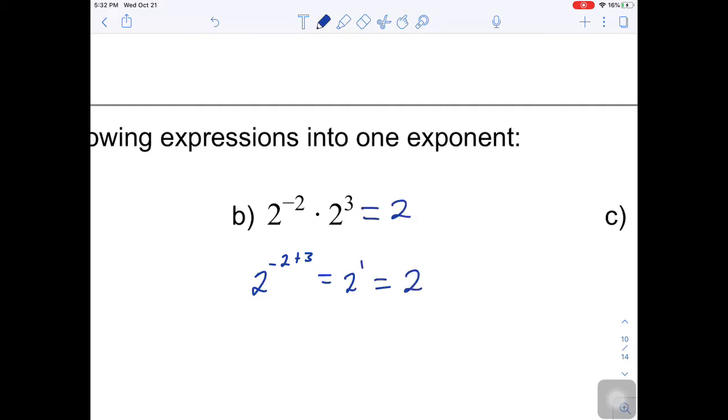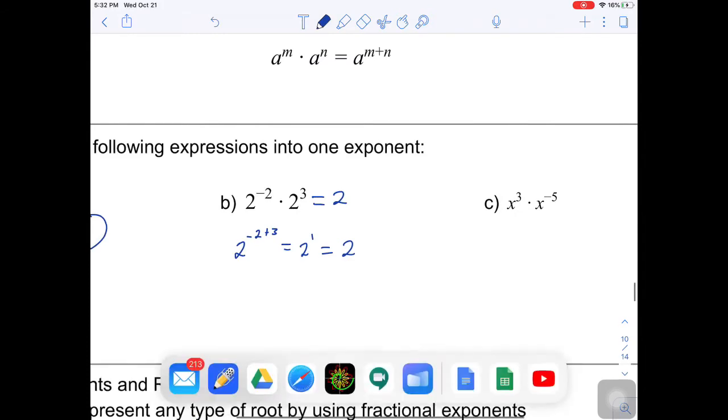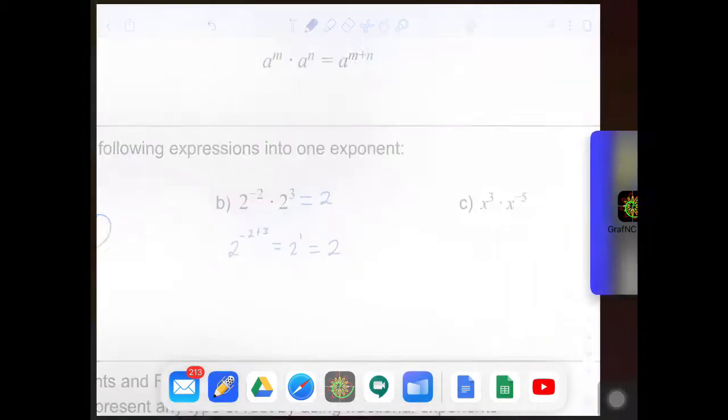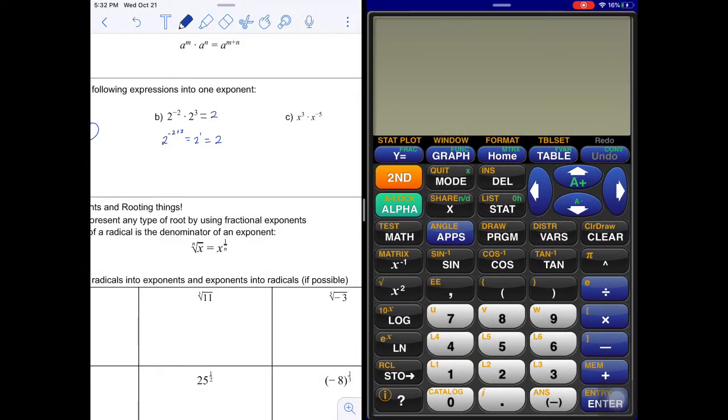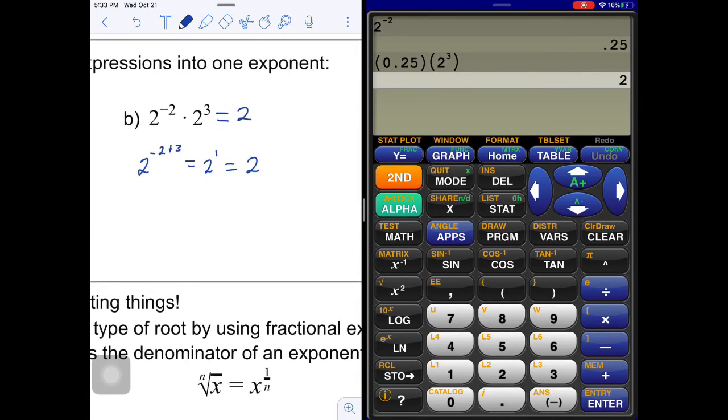We can actually plug that into our calculator to just check that to make sure everything makes sense. So 2 to the power of negative 2, that gives me 0.25. Then I'm going to go 0.25 times 2 to the power of 3. And what we're going to get is 2. Okay, and we were able to prove that using exponents, much easier.